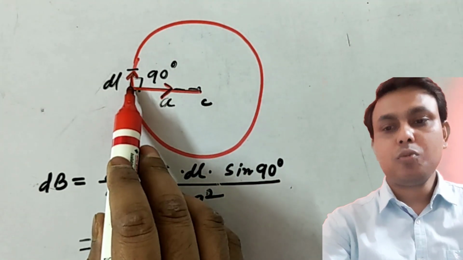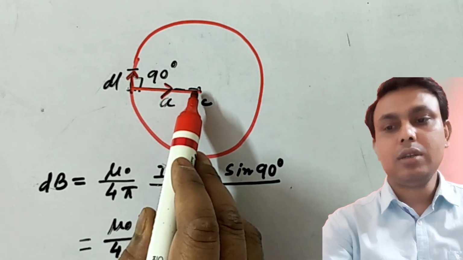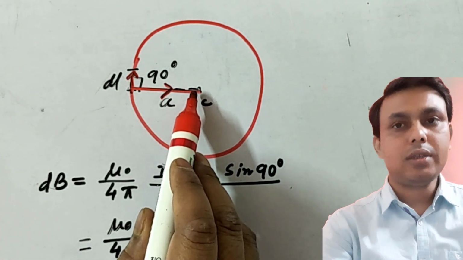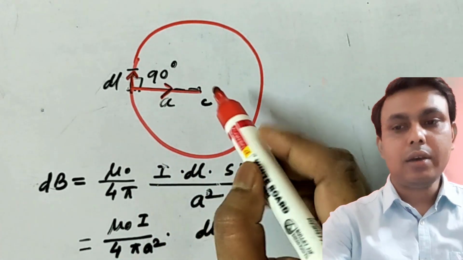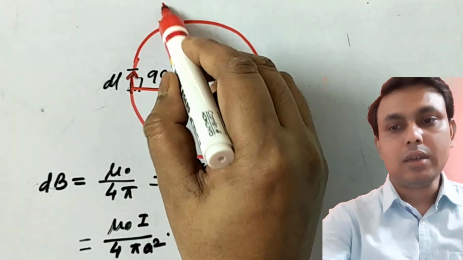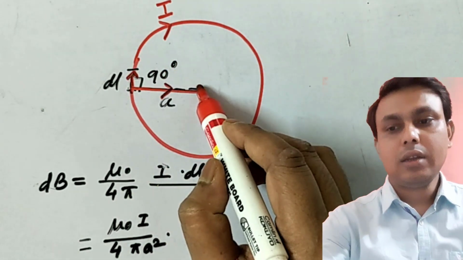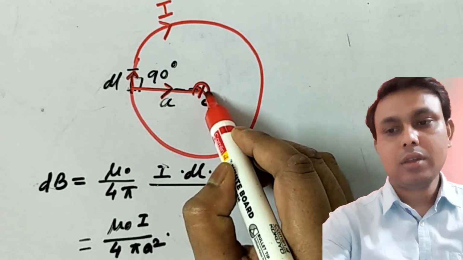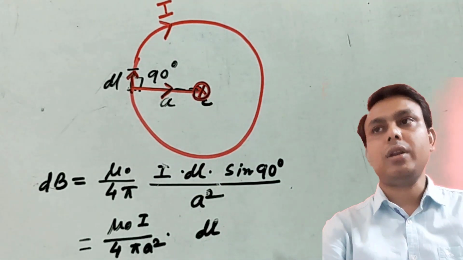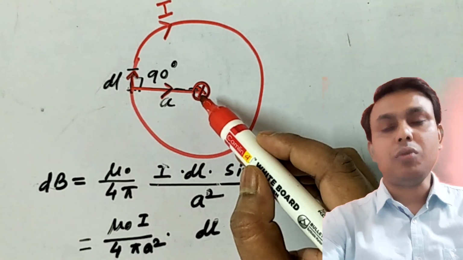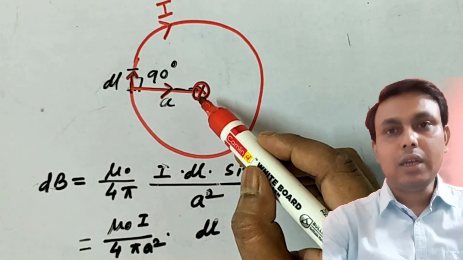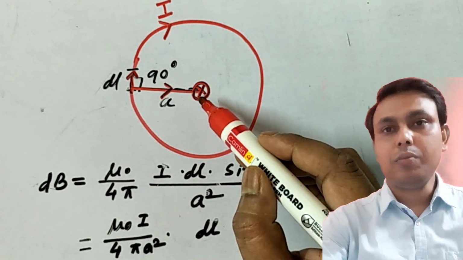Now the cross product of dl and this vector will represent the direction of the magnetic field, and here if the current is in this direction, then this will be the direction of magnetic field. Cross means this will be perpendicularly inward to the plane of the page.